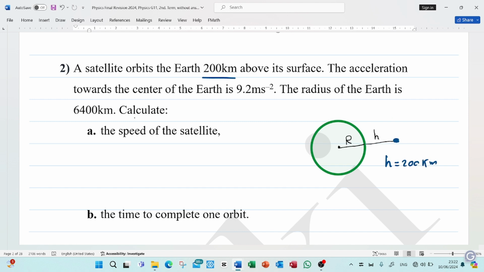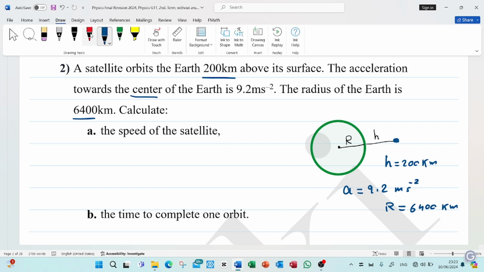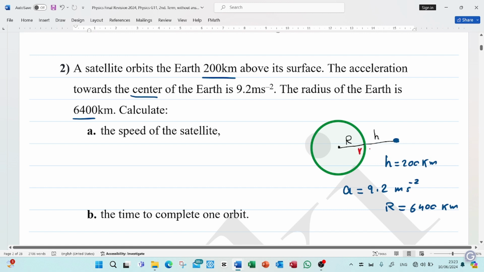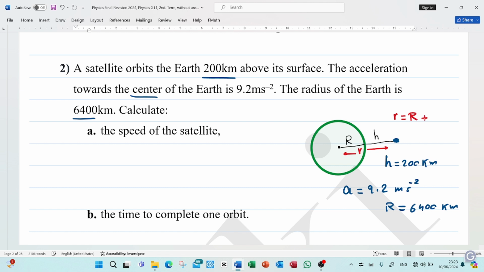The acceleration towards the center, so this is the centripetal acceleration, A equals 9.2 meter per second squared. The radius of the Earth, denoted by R capital, equals 6,400 kilometers. Calculate the speed. We need to calculate R small. What is the relation between R small, R capital, and H? Remember, R equals R capital, the radius of the Earth, plus the height.